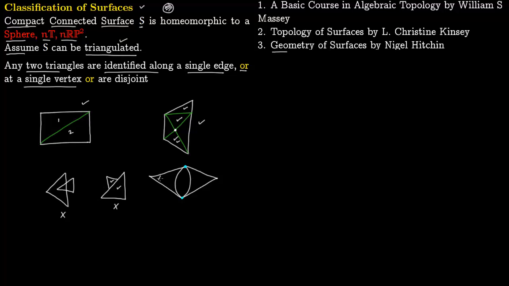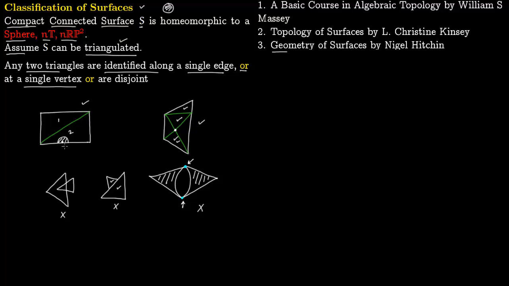Again, say you have two triangles like this. This is one triangle, this is the other triangle, and they share two vertices, one vertex right here and another vertex right here. Again, this is not a triangulation. Since we are talking about surfaces, locally they should look like disks. Say you take a point here, then you take its neighborhood, this looks like a half disk.